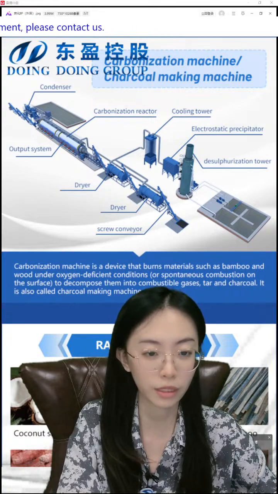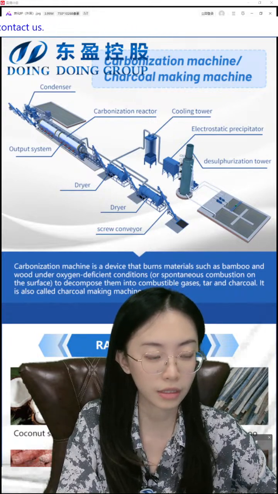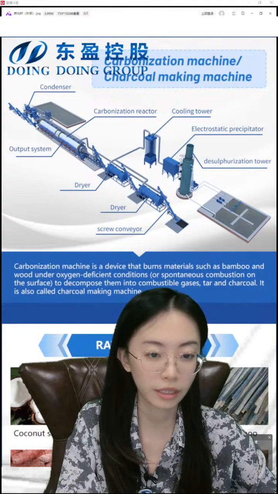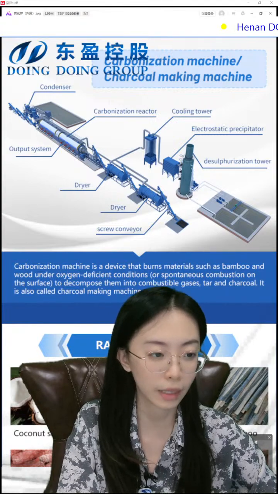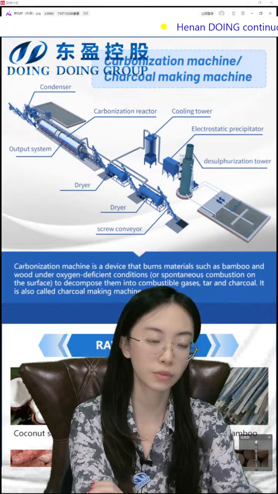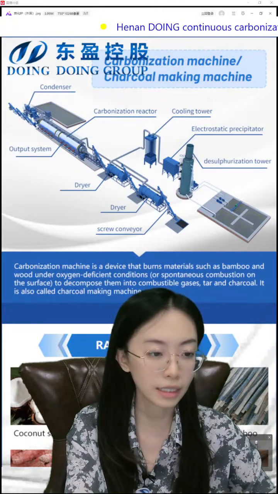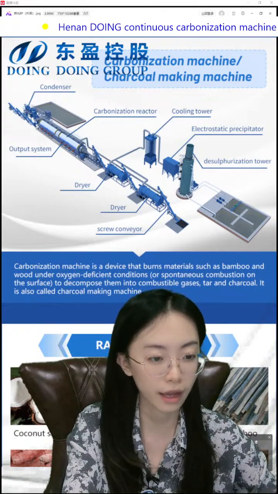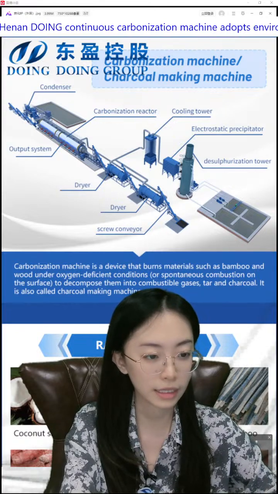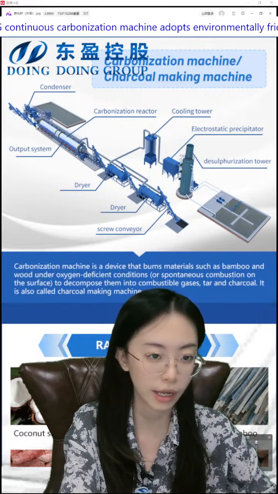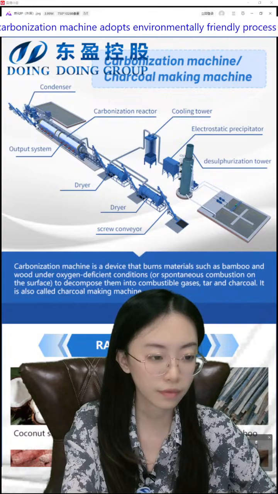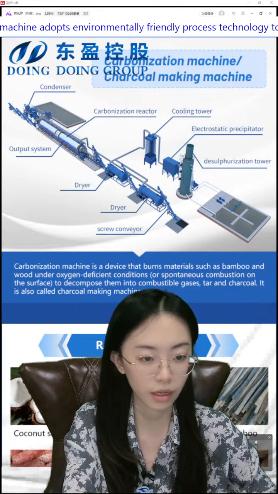If you have WeChat, it's very convenient to communicate, or you can use WhatsApp or email. We are a Chinese company. Our factory is located in Henan province in China, so it's very convenient to come here by train or high-speed train.